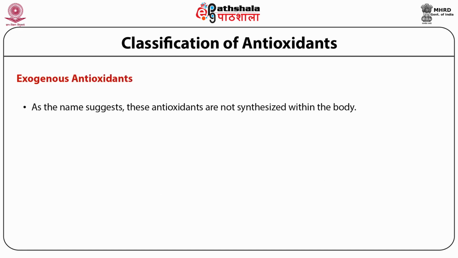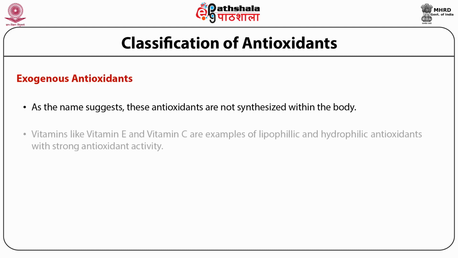The second type of antioxidants are the exogenous antioxidants. As the name suggests, they are of exogenous origin. That is, they are not synthesized within the body. Vitamins like vitamin E and vitamin C are examples of lipophilic and hydrophilic antioxidants with strong antioxidant activity.